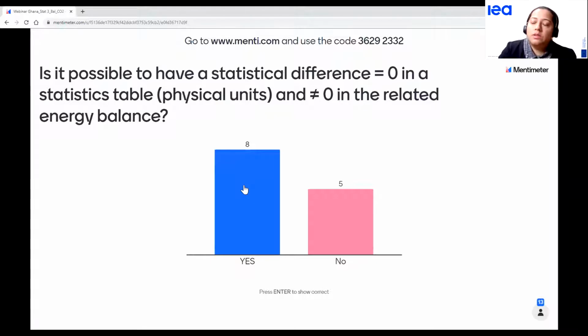So in an ideal case, when you don't have a statistical difference in physical units, you should not have it in the energy balance either. But it's possible to have it because sometimes you have issues with calorific values. You might have data which are misreported, and so it's possible to have it in the energy balances.